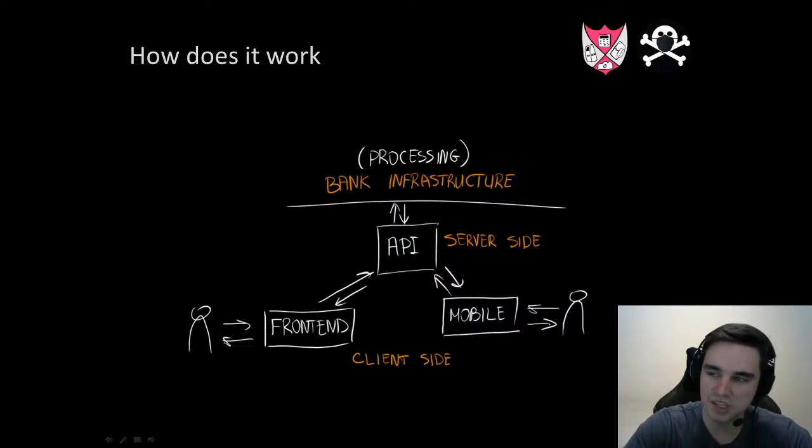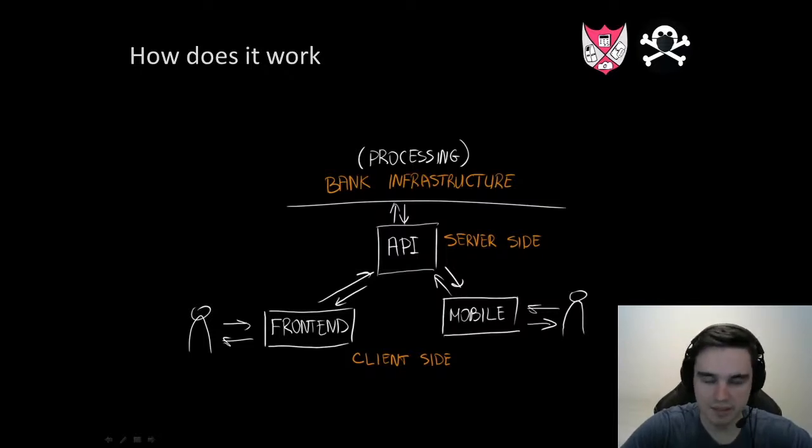The bank infrastructure is very, very complex. It can be anything. It can be a monolith, it can be microservices. But today, the bank infrastructure and API will be the server side for us. I think that is all I wanted to say about how it works.